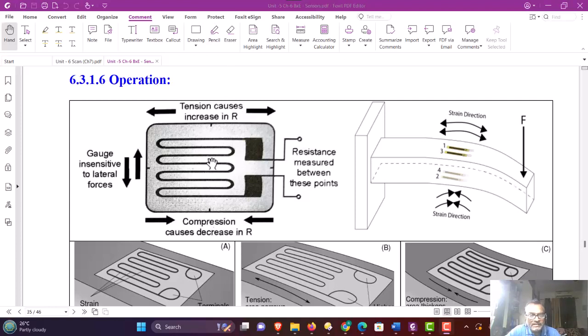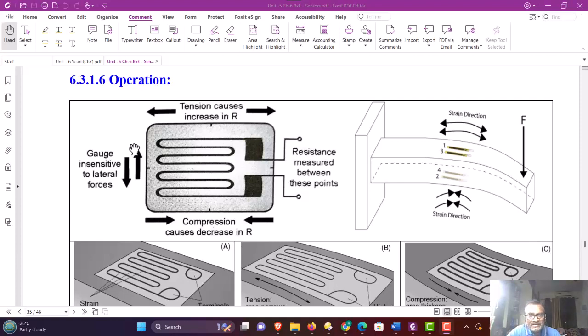In this figure, let us see. The strain gauge is shown here horizontal. So in the x direction, if we apply tension to this strain gauge, the wires are getting elongated and therefore there is a change in resistance. Whereas in the vertical direction, the gauge is insensitive to strain applied externally.